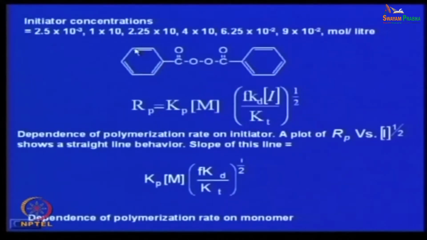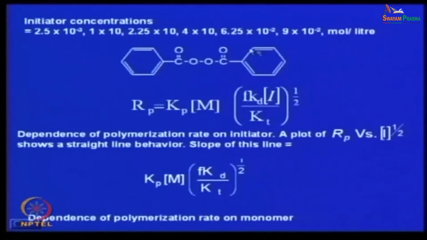Now, in order to evaluate the rate as well as other parameters, you select different concentrations of initiators, this is one concentration, this is another concentration, this is another concentration like this.